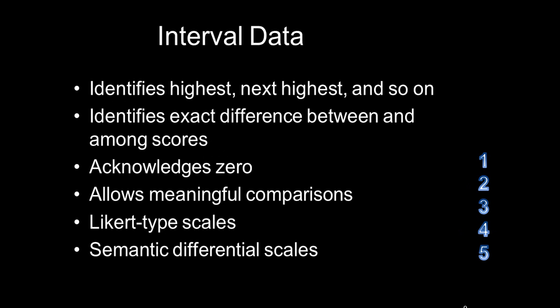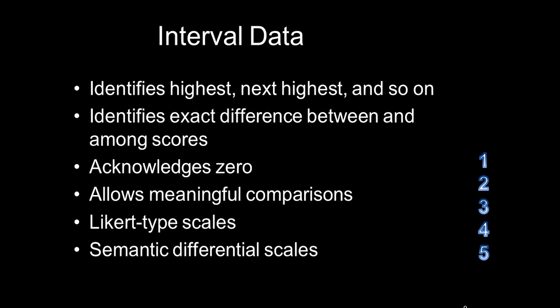Interval data. Interval data is measured based on specific numerical scores or values. We can identify which participants scored highest and which ones scored lowest. We can determine exact difference between and among the scores. There is acknowledgement of zero, although even though we acknowledge it, it's still arbitrary in that sense.